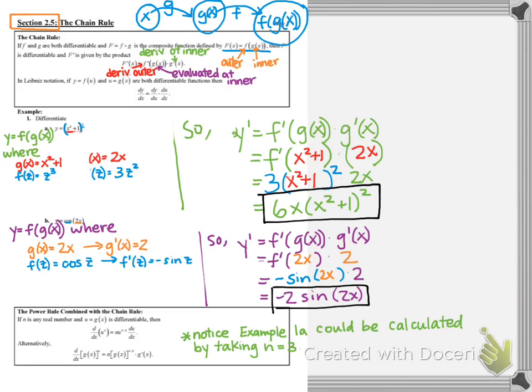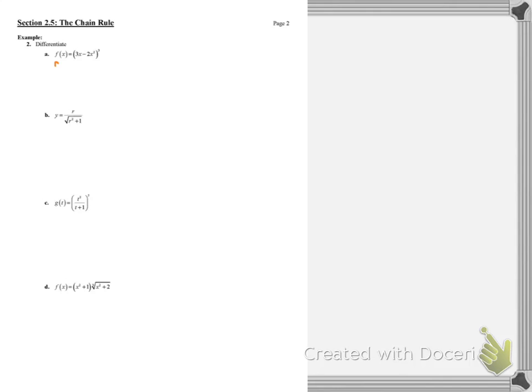So if you notice, example 1a could have been calculated by taking n to be 3. You don't necessarily have to follow the rule listed down at the bottom of the page. You can simply just do the chain rule and end up with the same answer.